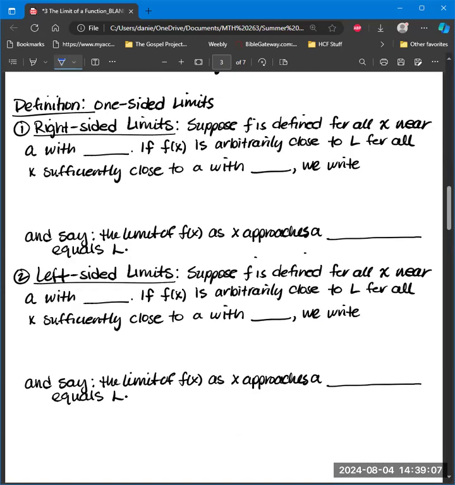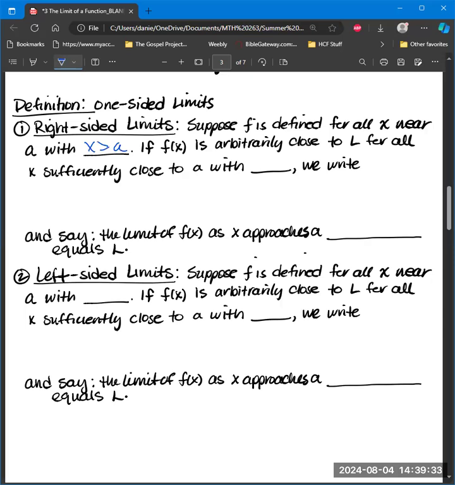So let's go ahead and keep going here with the definition of a one-sided limit. Right now we're going to talk about right-sided limits, where we're coming from the positive side of the x-axis. Suppose f is defined for all x near a with x greater than a.